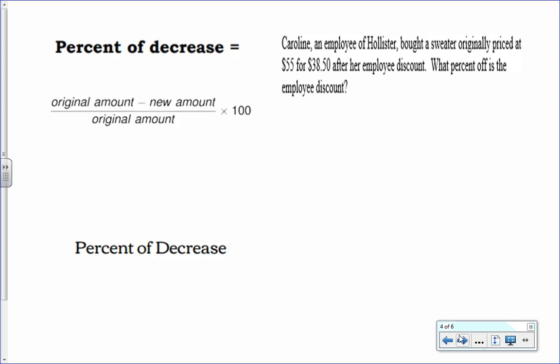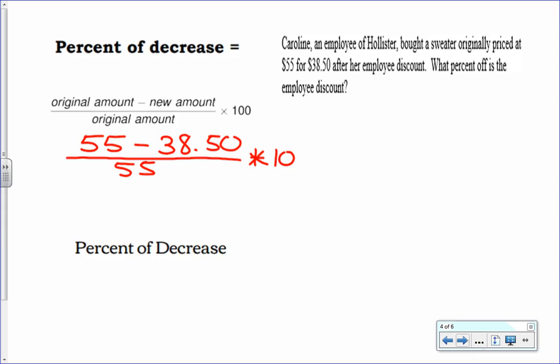So the original amount was 55. We're going to figure out 55 minus 38.50 over our original amount, which is 55. And then again, multiply by 100 so that we can change the decimal into a percent. You can also just move the decimal 2 spaces.